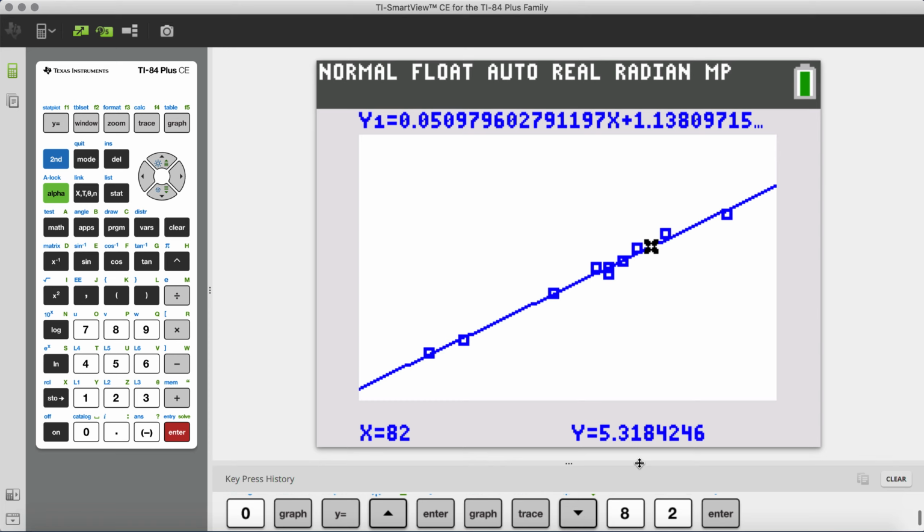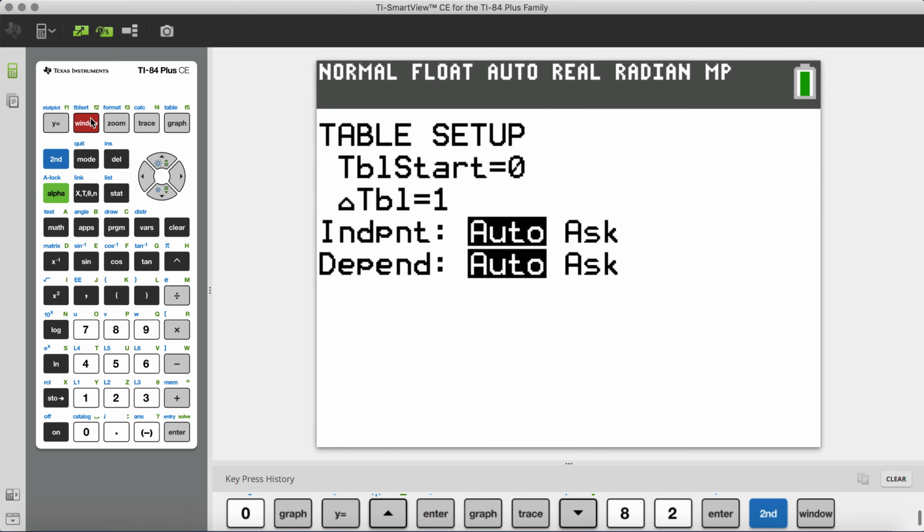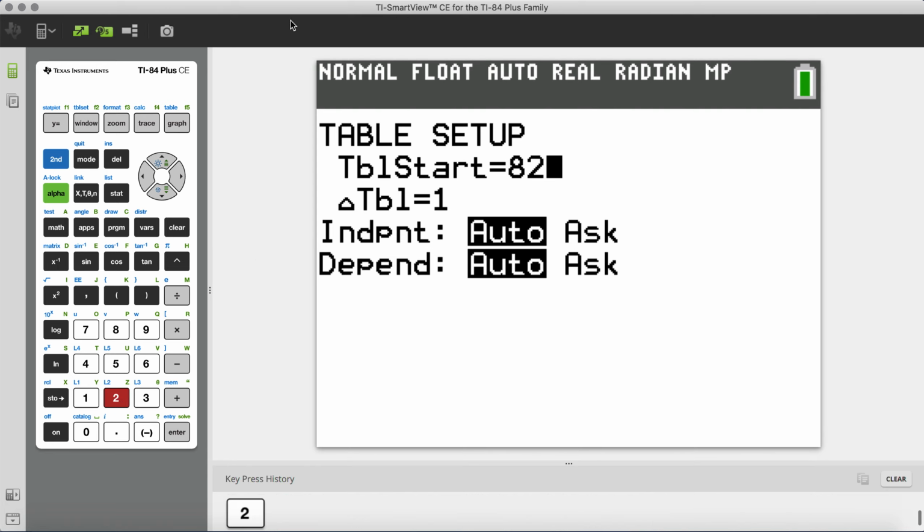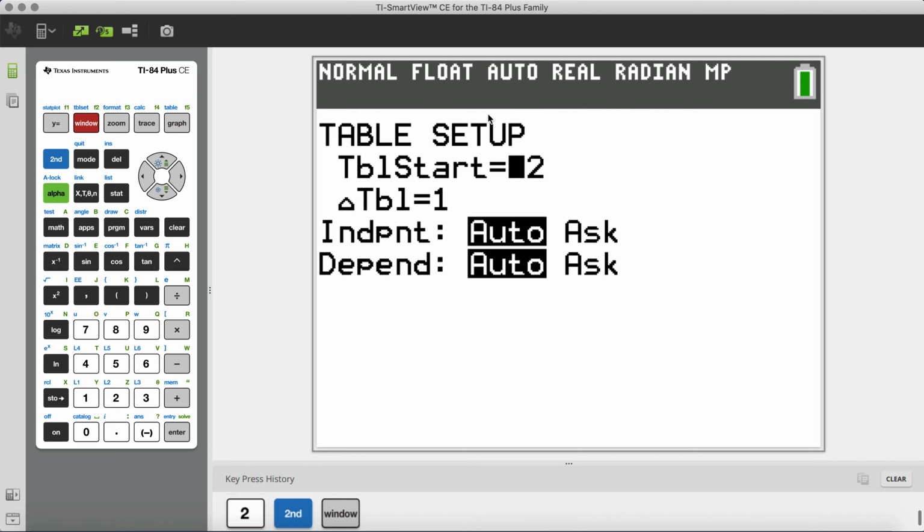Okay. It says using your table, what is the value of y when x equals 82? So how do we get to table? First, it's asking us for when x is 82. Why not start our table at 82? Okay. So to get here, you click second window. That brings up this menu, the table setup.